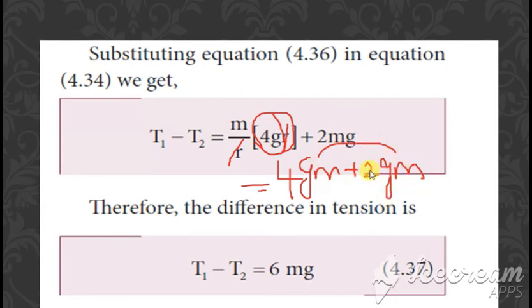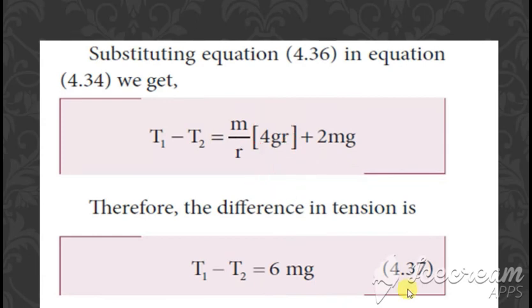If you add 2 plus 4, which is 6, T1 minus T2 is equal to 6m into g. Because we are adding these terms, we get T1 minus T2 equal to 6mg. Keep this equation as it is. We have got the value of T1 minus T2.